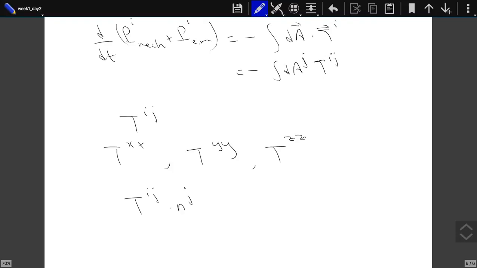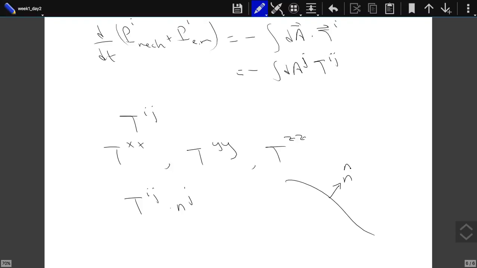It's not just the x, y, or z, it's whatever the direction of my surface. This n is the normal to my surface. This is the force acting on my surface. So basically, I have this surface. I define a normal vector to it. We said that Tij is the flow in the j direction.